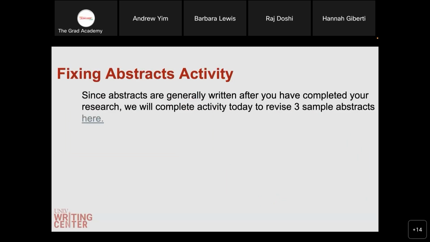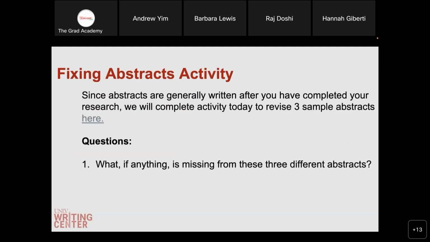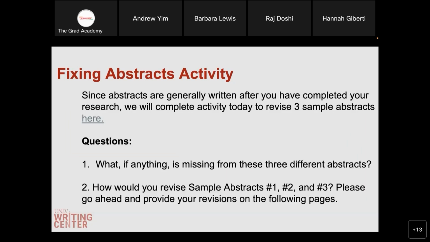But I want you to be thinking about these two questions. Number 1, what, if anything, is missing from these three abstracts? Question 2, how would you revise sample abstracts 1, 2, and 3? Please provide your revisions on the following pages.